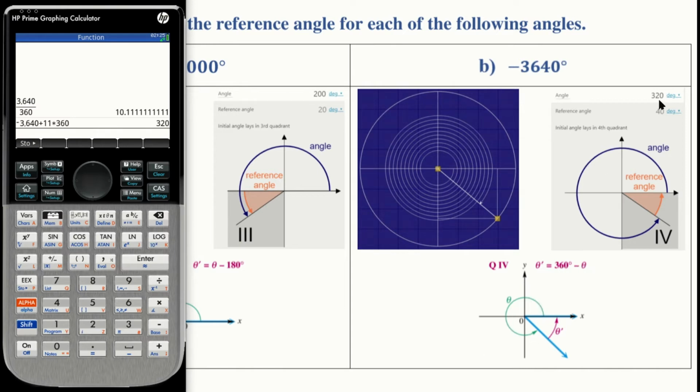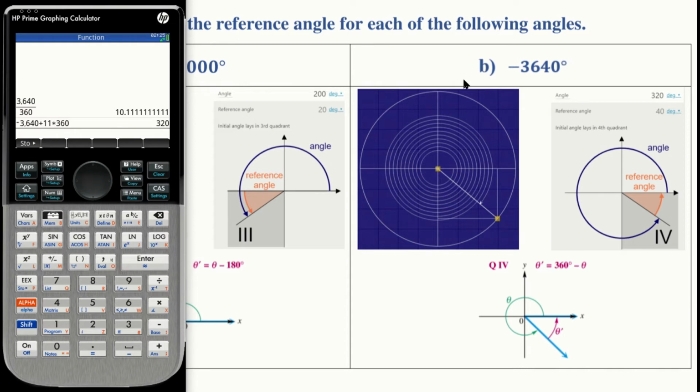Well, the original angle at this point, now that we have found the positive coterminal angle, is 320. So we just do 360 minus 320, which gives us 40. So the reference angle for a negative 3640 degree angle is a 40 degree angle.